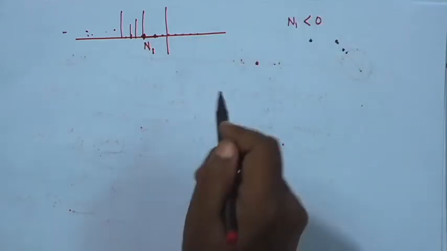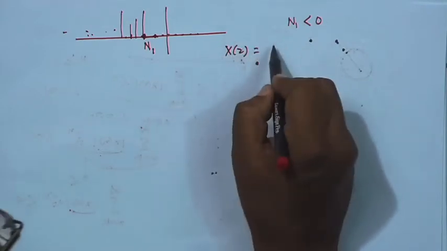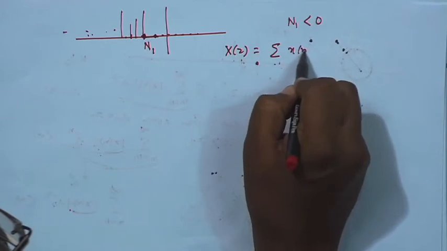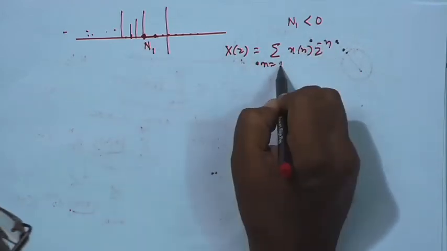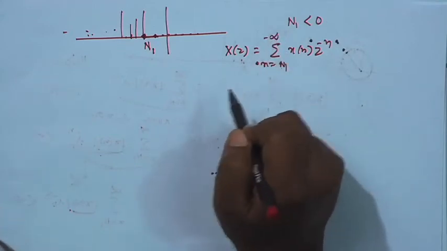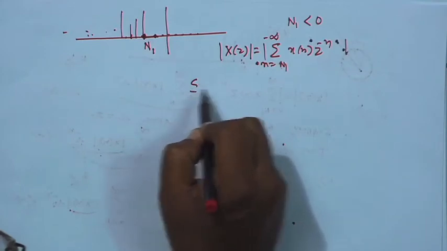In this case, for the z transform, n will be from n 1, which is a negative number, up to minus infinity. So, you take mod X z, mod of a summation, less than or equal to all those things.